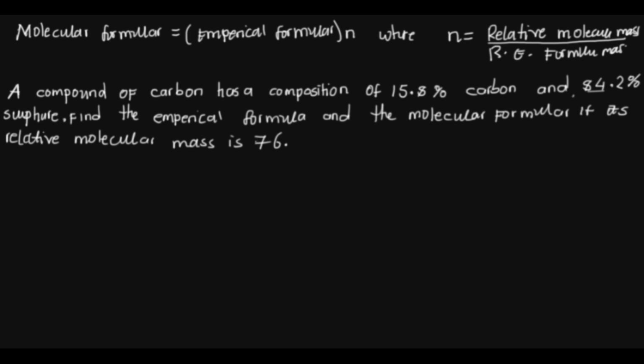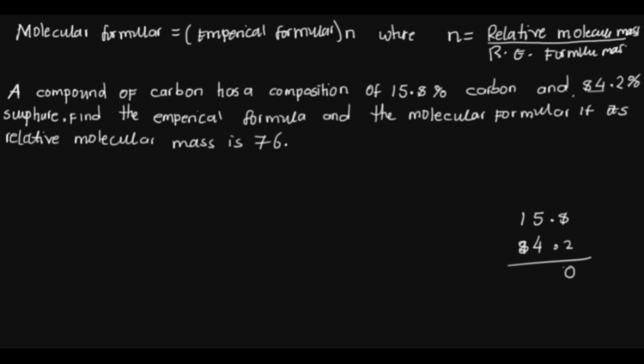So let's first begin by adding the given percentages. You have to make sure that the given percentages add up to 100%. If the percentage is less than 100, it means there should be another element that is missing. So let's say we have 15.8% plus 84.2.